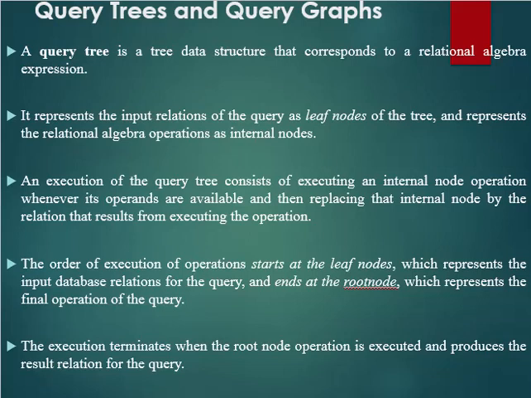Then the following steps are executed, and thus we reach the root, and the root will be the last operation executed. So you always execute from leaf to root. The order of execution starts at the leaf node, which represents the input database relation of the query, and ends at the root node. The execution terminates when the root node operation is executed and produces the result.